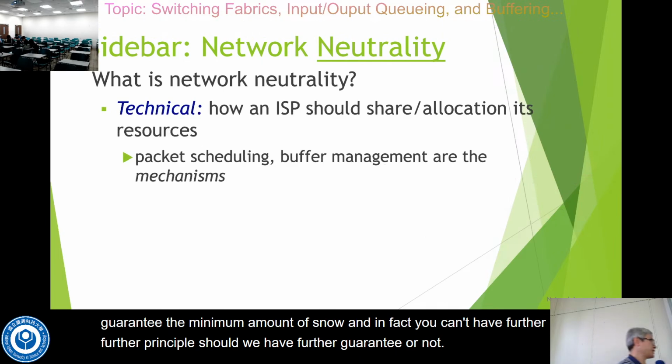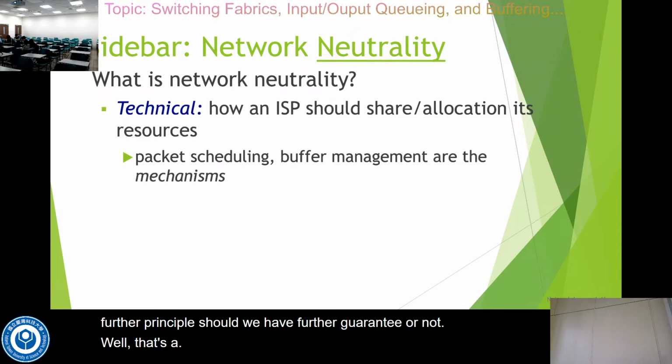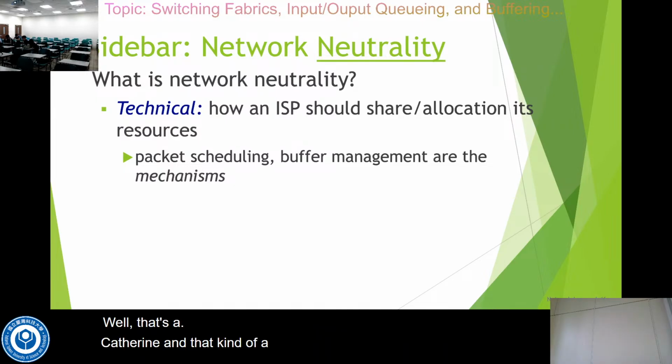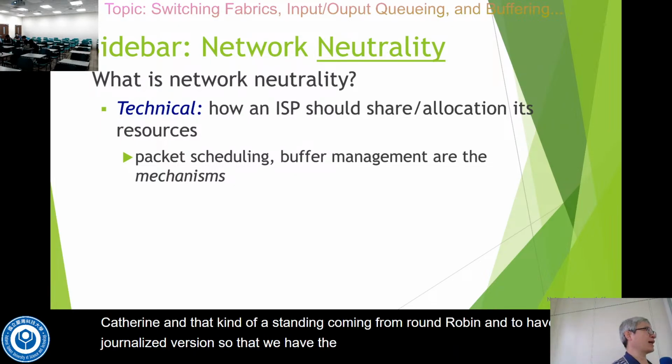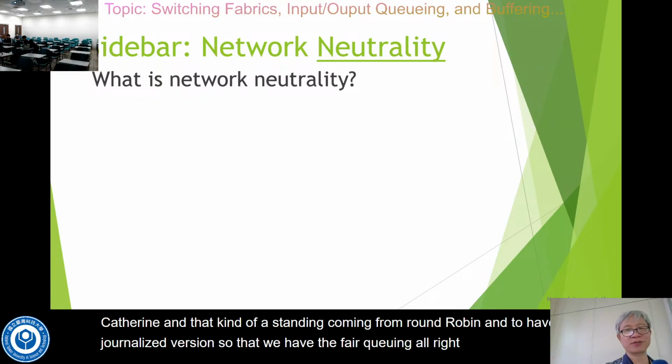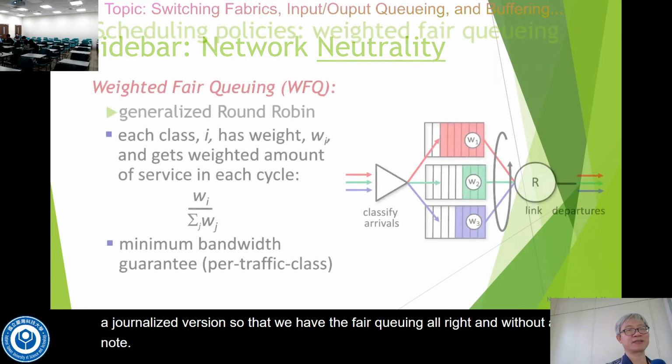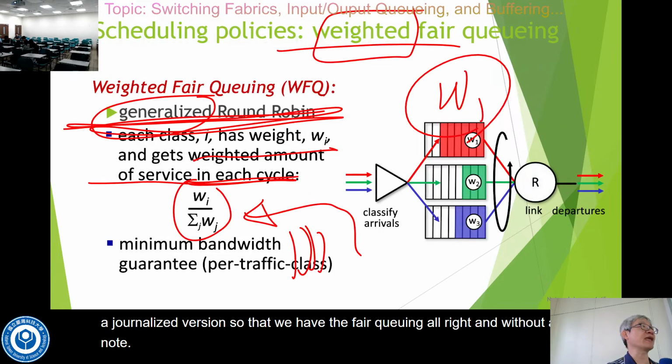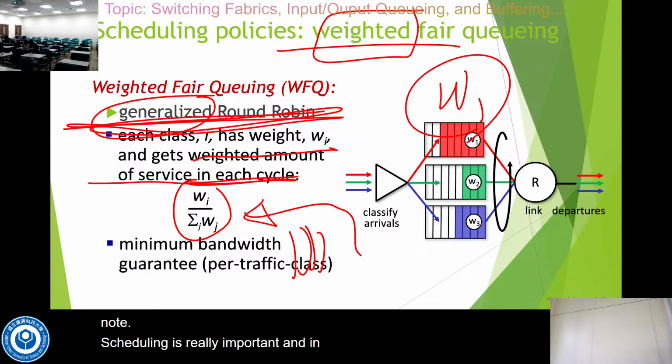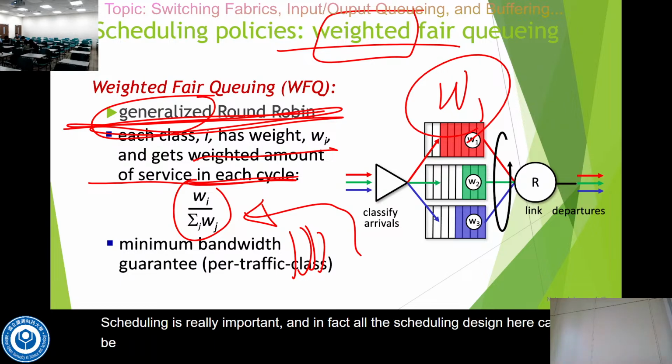Well, that's scheduling, coming from round robin, and having a generalized version, weighted fair queuing. With that note, scheduling is really important, and all the scheduling design here can be refined further if we want a specific design.